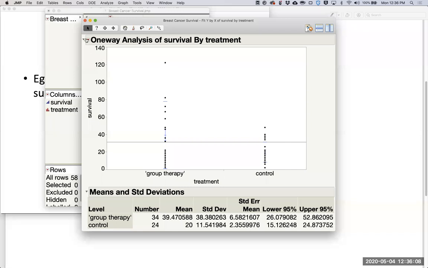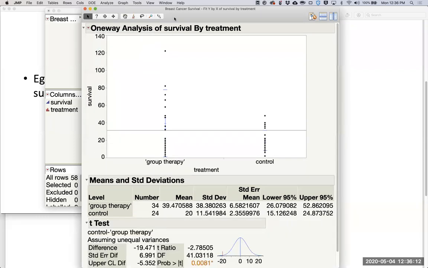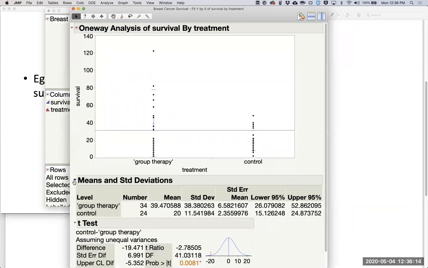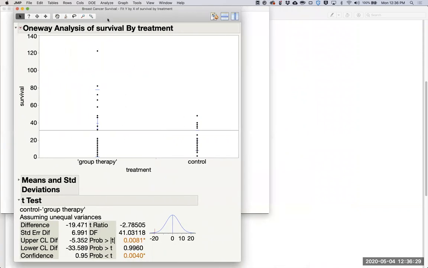If you were to turn on your test statistic T, your T-test, we can see down here at the bottom the two-tailed p-value, 0.0081, 0.0081.